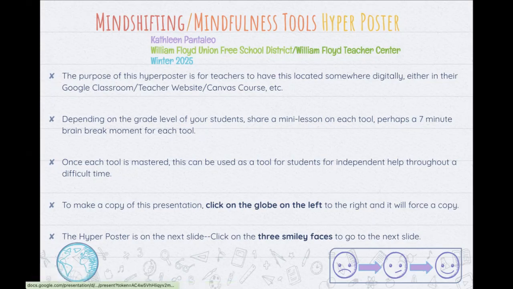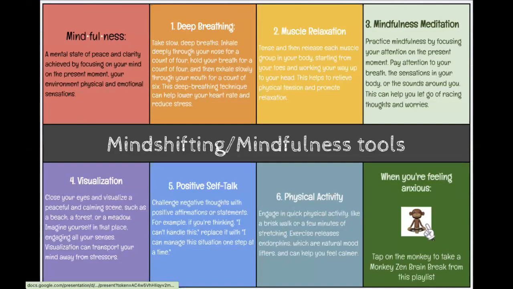And then the hyper poster, you can click anywhere, but if I'm not sitting here telling you that, you would just have them click on the bottom button. Each one of these is a little explanation of what mindfulness is. Each of these are different resources and tools and meditations to help with mindfulness. And then if none of those work, you can tap on the little monkey and it'll bring you to a YouTube video.